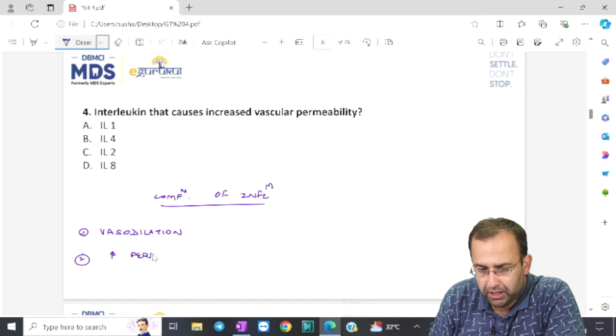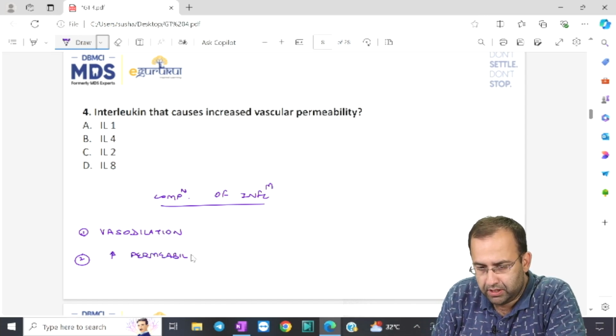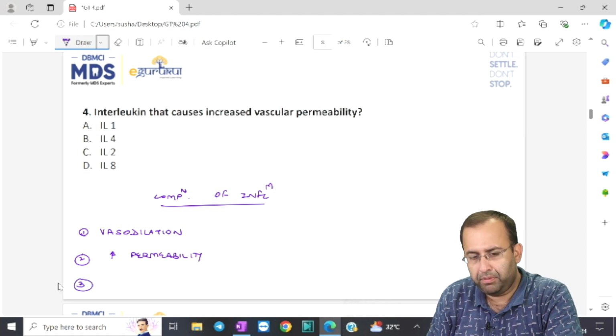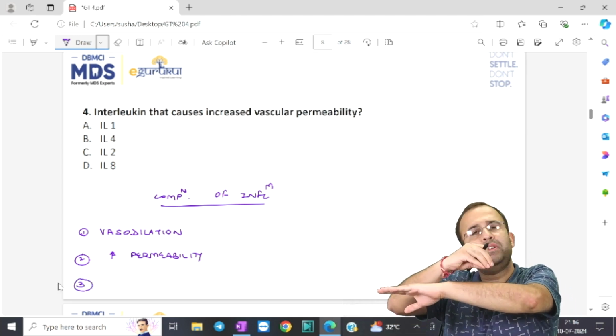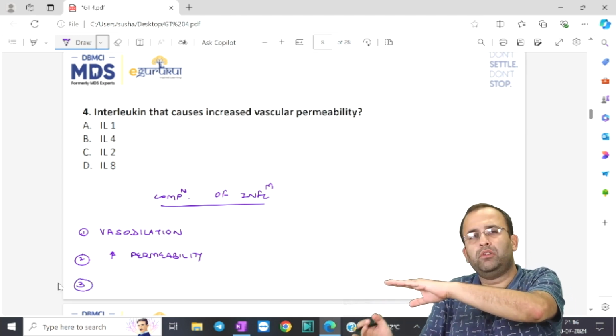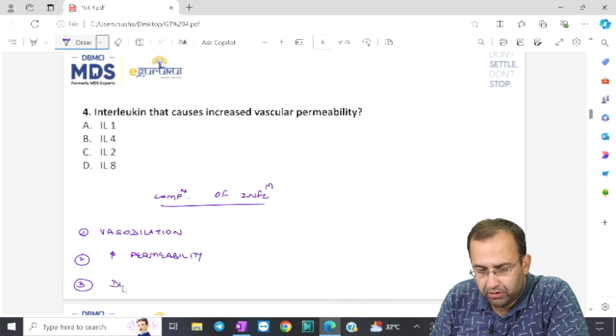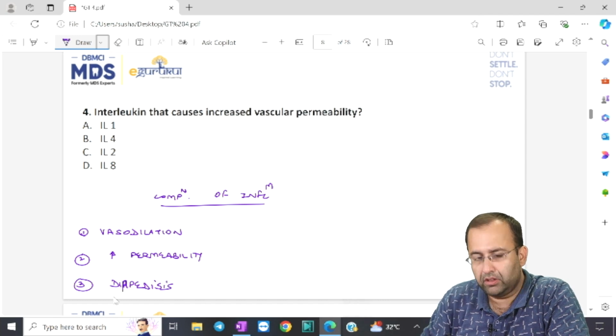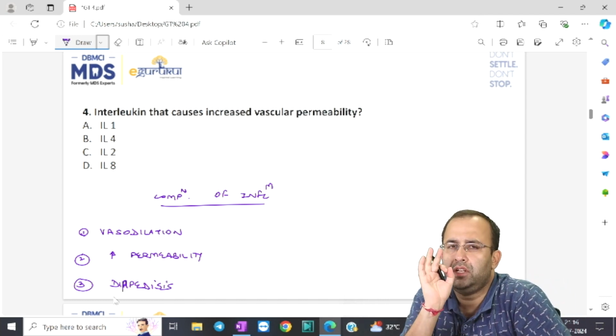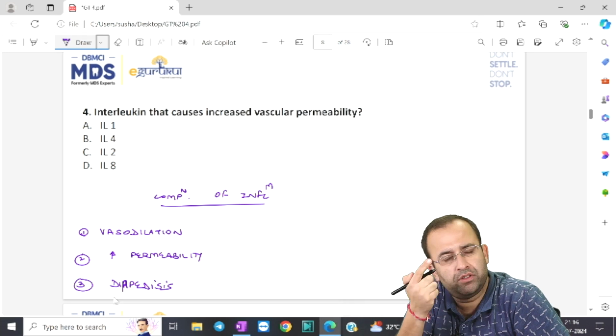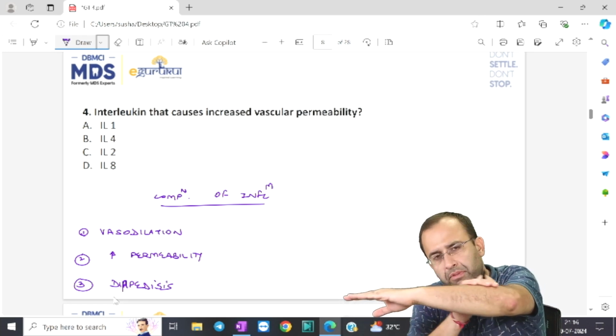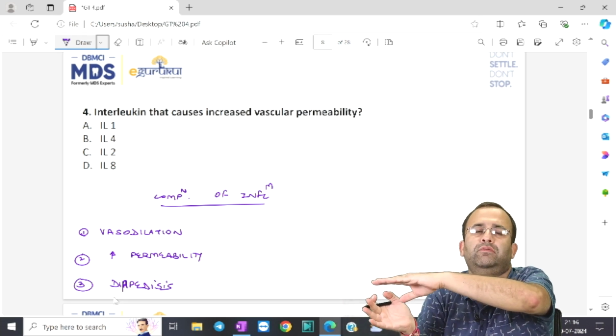Once the permeability increases, the WBCs flowing in the blood vessel come out. That is emigration of WBCs, called diapedesis. So the three components of inflammation are vasodilation, increased permeability, and diapedesis.